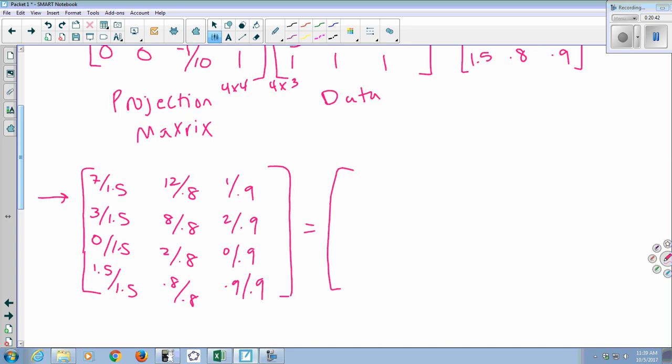So then simplify. 7 over 1.5 simplifies to 14/3.